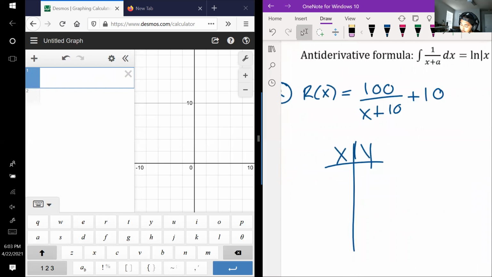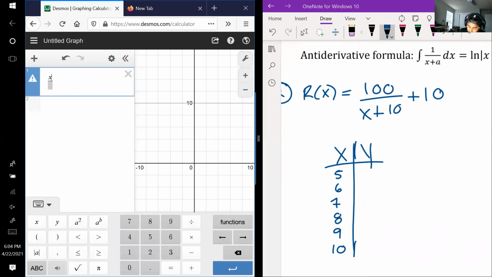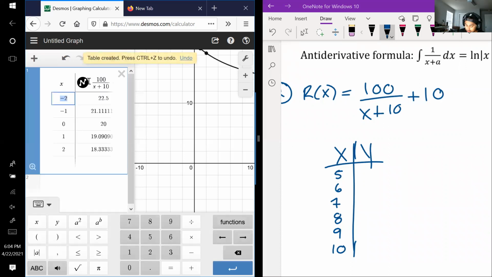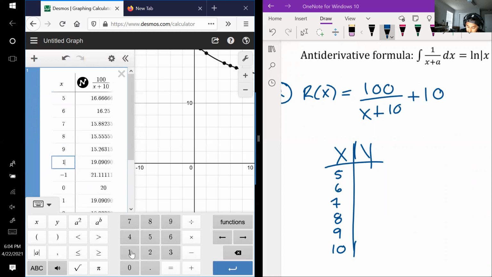So here, it's going to be 5, 6, 7, 8, 9, 10. I'm going to type this in Desmos: 100 over X plus 10 plus 10. Do my table feature and type these values in 5, 6, 7, 8, 9, 10.